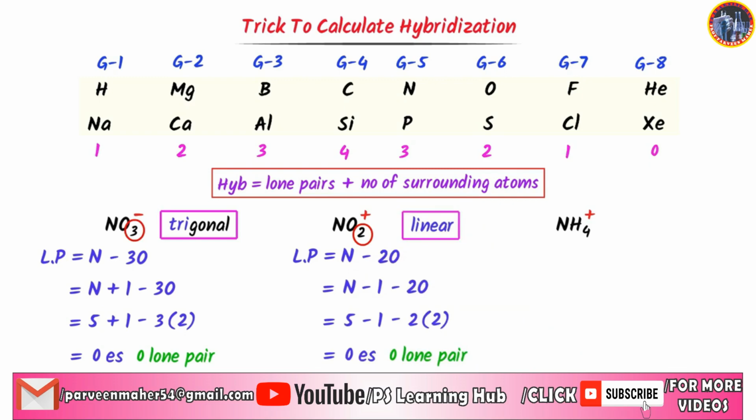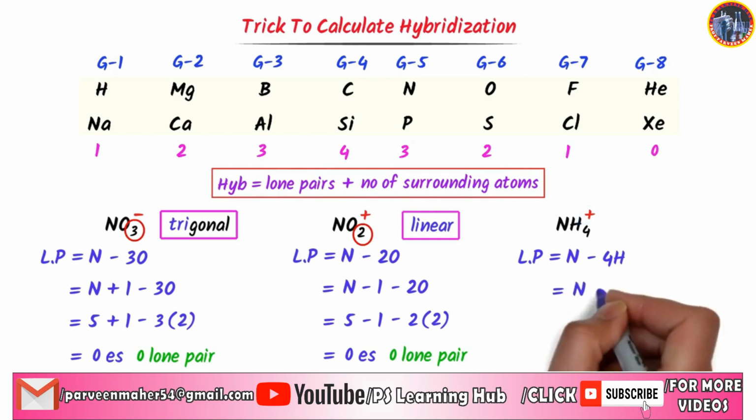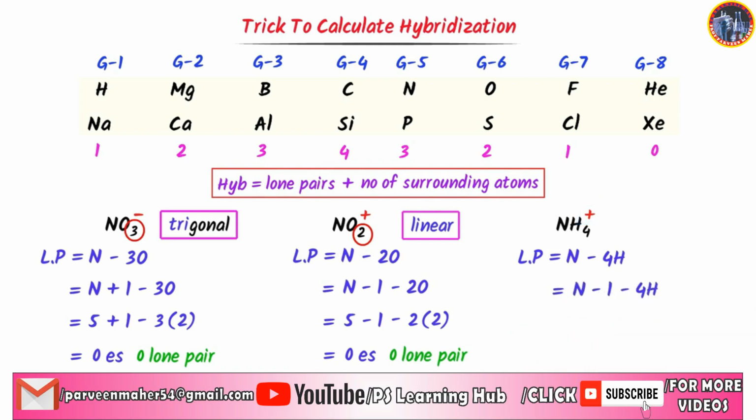In case of ammonium ion, I write nitrogen minus 4 hydrogen. It has lost one electron. I subtract one electron from the central atom. I write nitrogen minus 1 minus 4 hydrogen, or 5 minus 1 minus 4 into 1. I get 0 electrons or 0 lone pair of electrons. We know that hybridization is equal to lone pair plus number of atoms surrounding the central atom.